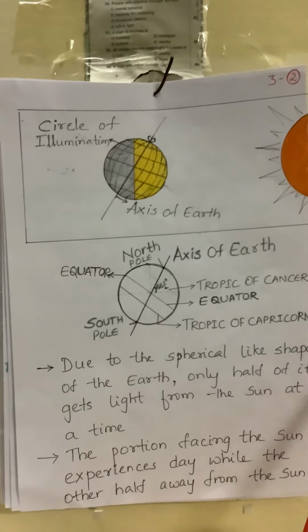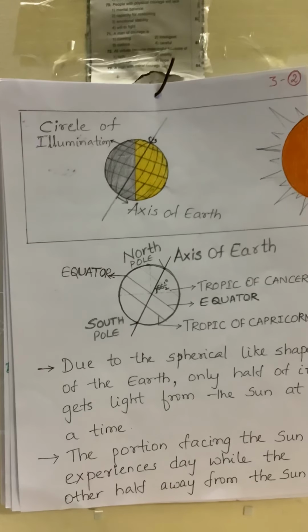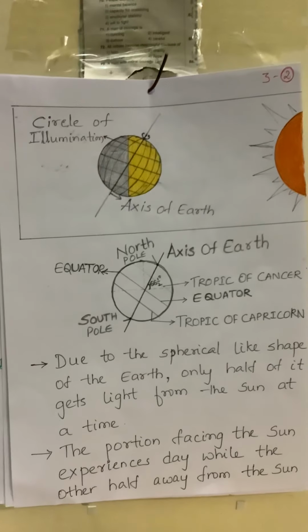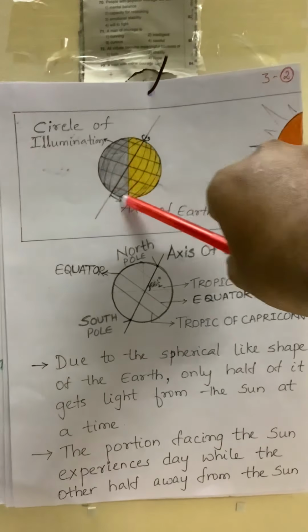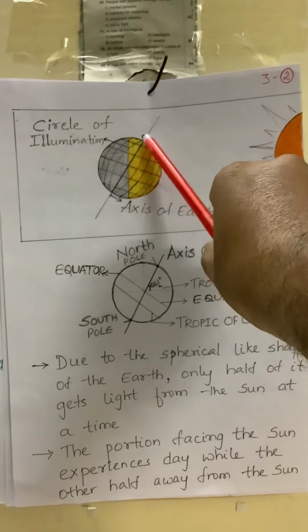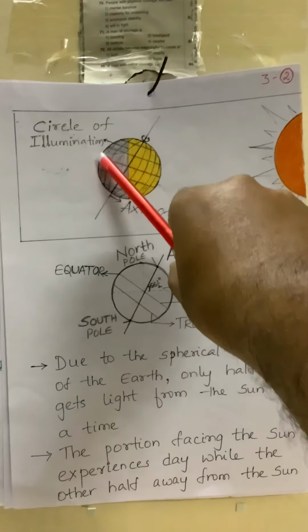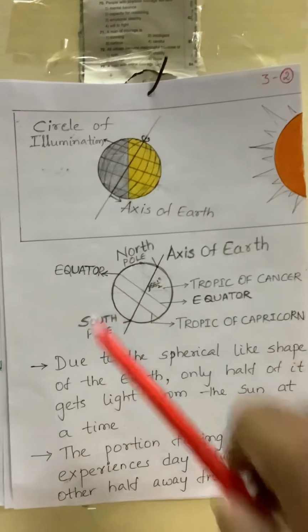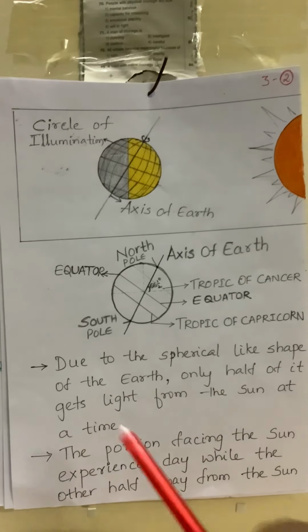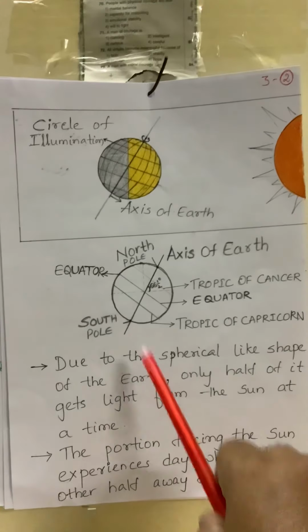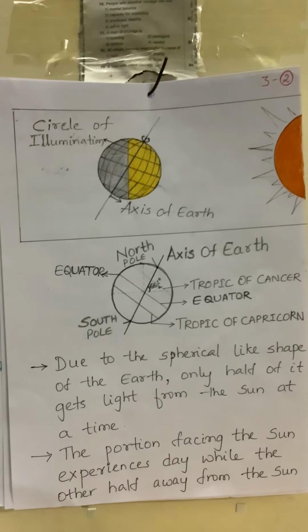Due to the spherical shape of the earth, only half of it gets light from the sun at a time. So this is the sun, sunlight or sun rays, and if this is the earth, half of the earth gets light from the sun, so it is the portion with light, and this other half of the earth is without light.